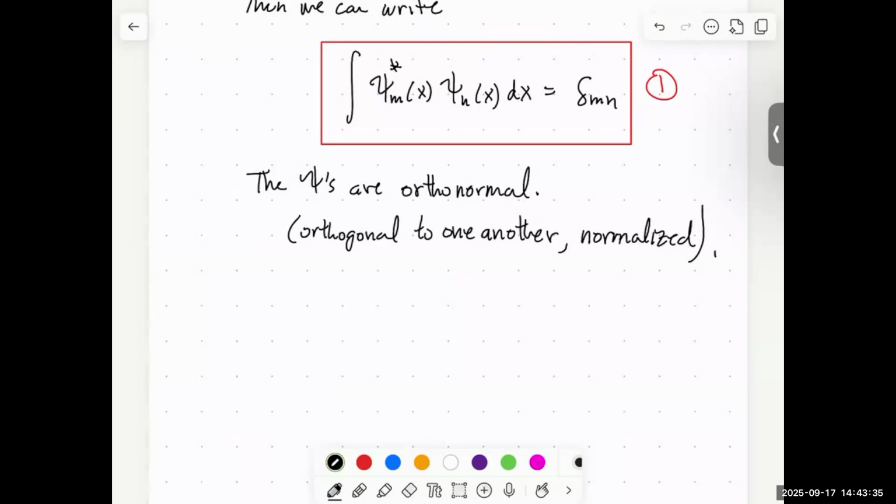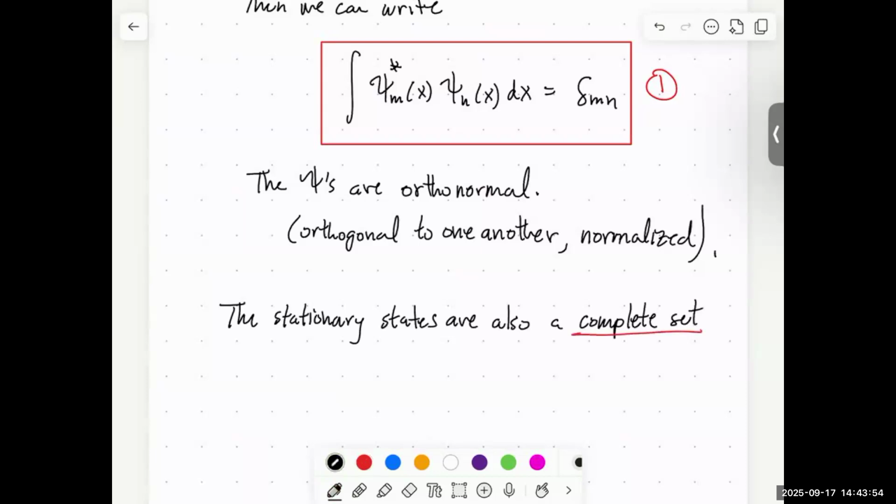Okay, so the stationary states are also a complete set of what are going to be known as basis functions.